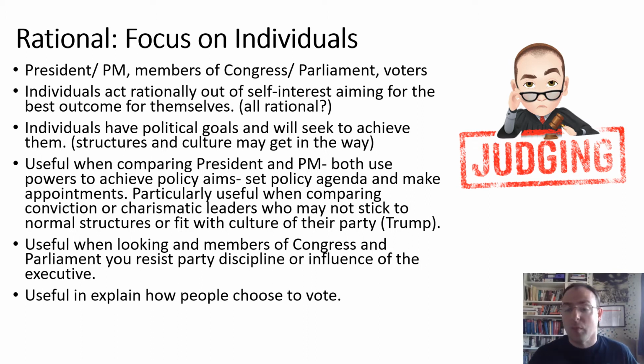And then you might look at an election of a radically right-wing Republican president and an old Etonian in the UK and think, right, okay, so maybe the rational choice bit doesn't work. So it's a good theory to use, and it's particularly focused on individuals and individuals trying to achieve their aims by whatever means they can.